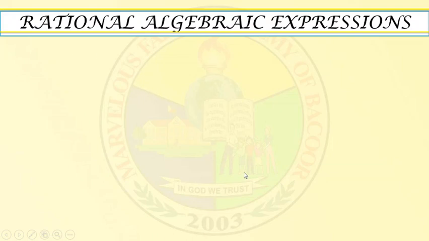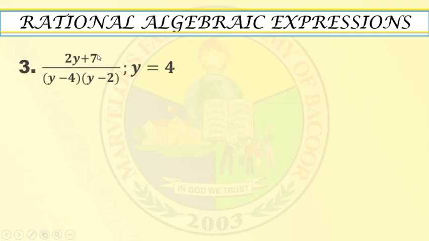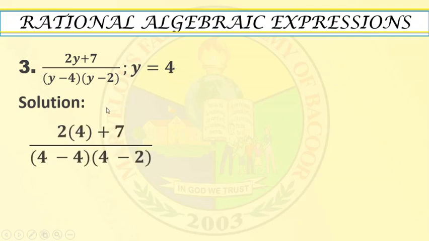Okay, next, example number 3, 2y plus 7 over quantity y minus 4 times quantity y minus 2, where y equals to 4. Okay, so again, isa-substitute lang natin lahat ng y natin. Papalitan lang natin ng 4. Okay? So, 2 times 4 plus 7 over quantity 4 minus 4 times quantity 4 minus 2.